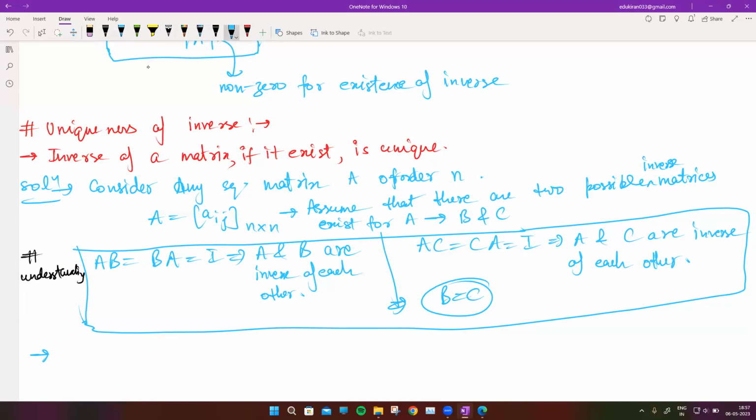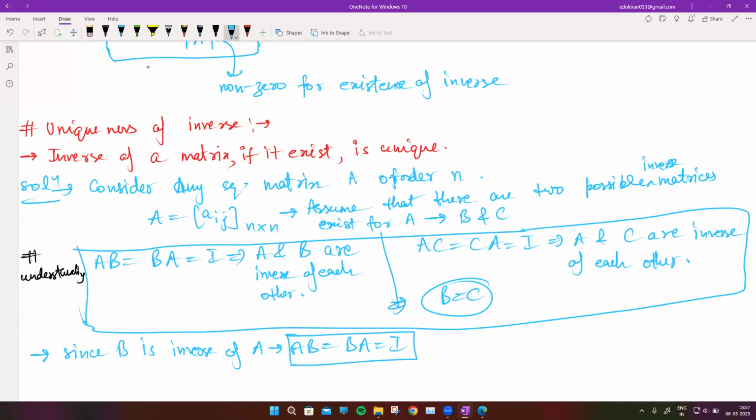Okay, so we are saying that since B is the inverse of A, we know the result for inverse. If B is inverse of A, then AB or BA is equal to I. We are just simply using the result of inverse.